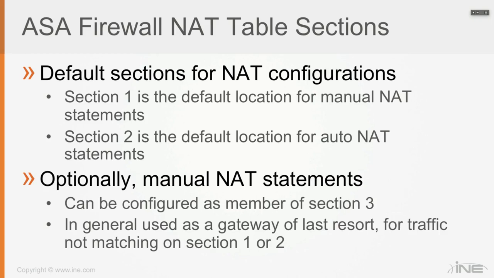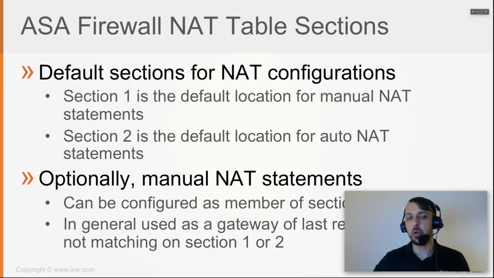In some design use cases, we could make use of section 3, but in general it's rarely used. In most use cases we deal only with section 1 manual NAT entries and section 2 object AutoNAT entries. We pretty much see very rarely configurations which make use of section 3.